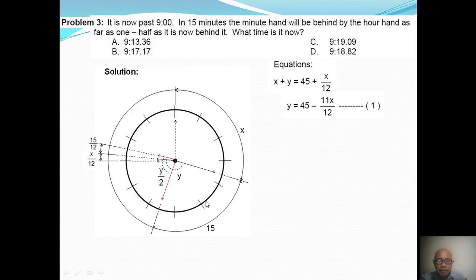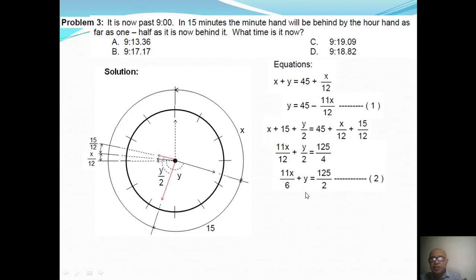So, X plus Y plus 15 plus Y over 2, and that is equal to 45 plus X over 12 plus 15 over 12. So, still, from the 12 o'clock mark up to the red hour hand, we have 45 plus X over 12 plus 15 over 12. Then, we can have this equation. So, I will call this equation 2.